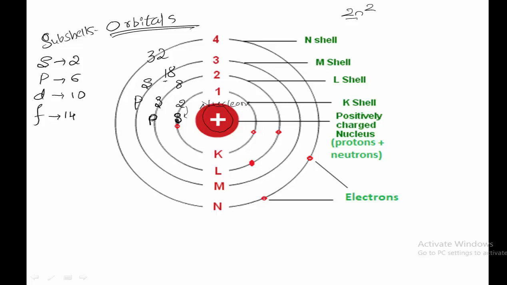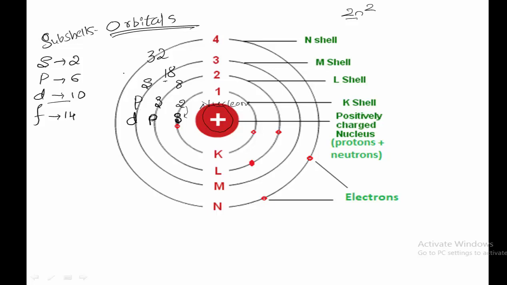Among 18, 8 electrons are filled in S and P. The remaining 10 electrons will move to the D subshell. So thus in the D subshell or D orbital, the remaining 10 electrons will occupy, and thus in the third shell there will be presence of S, P and D subshells.